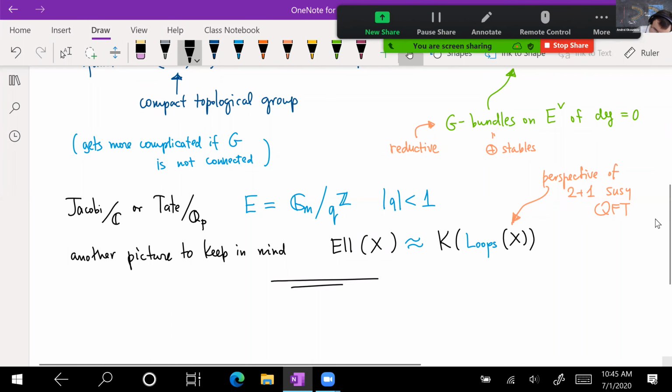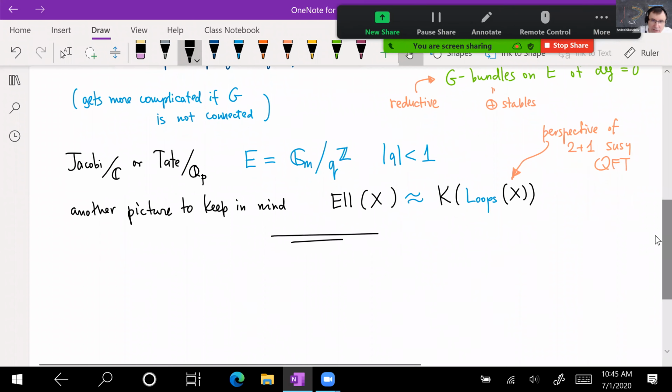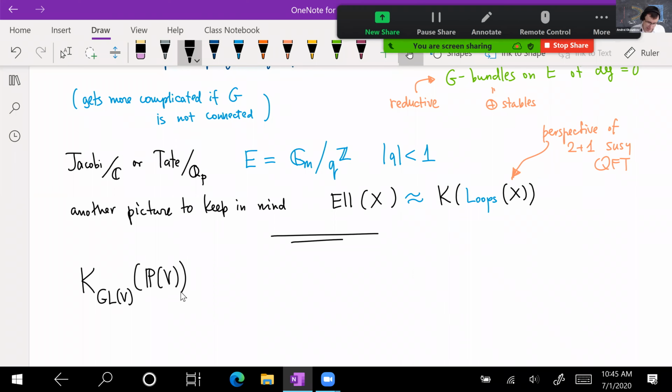So far we discussed the K-theory of really just one space. So now maybe I'll write, when I write GL, I also mean U. So if I write GL_V of a point, this is in algebraic K-theory, that's okay, because this makes sense in both algebraic and topological K-theory.